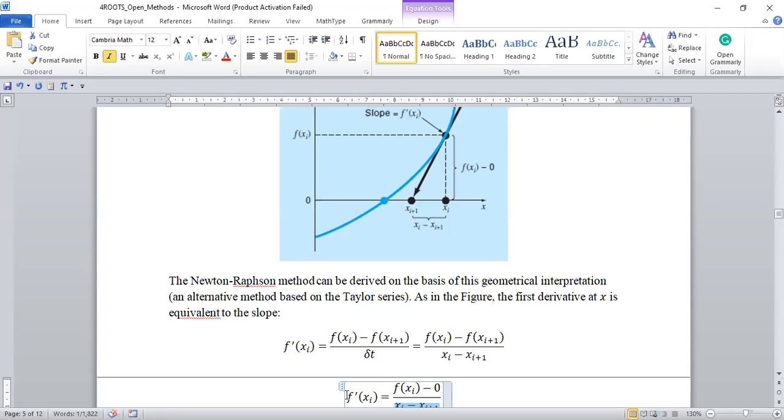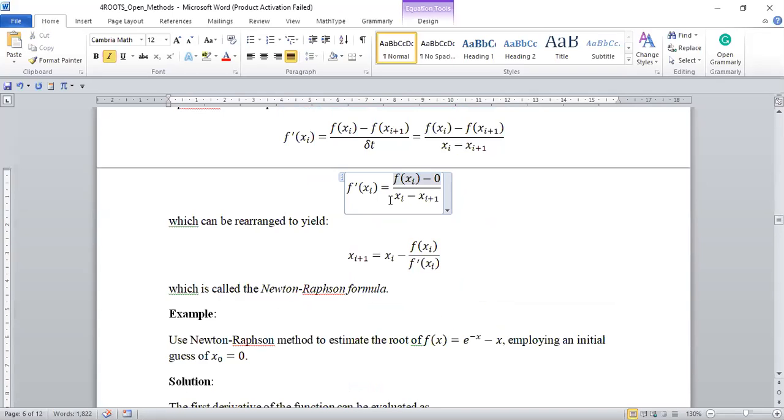So you say that the slope, which is the first derivative, is equal to the change in y divided by the change in x. You can also use Taylor's series to approximate, to get to this point. We did Taylor's series in the second class, but you're just saying that the slope of the line is equal to the change in y divided by the change in x.